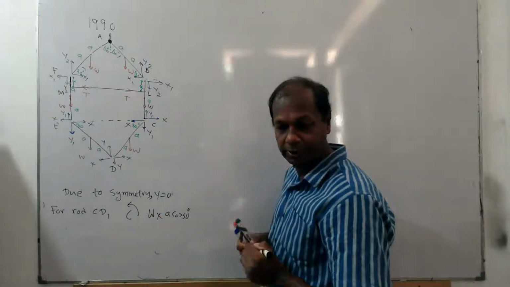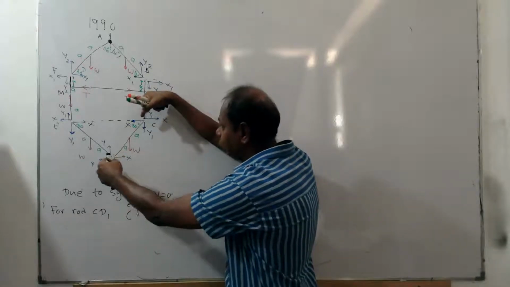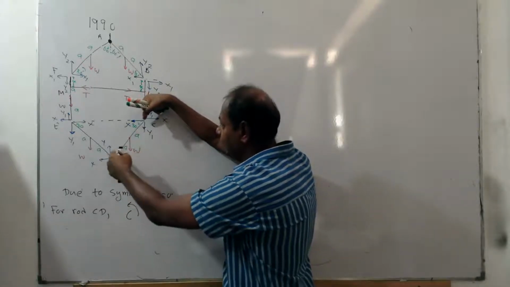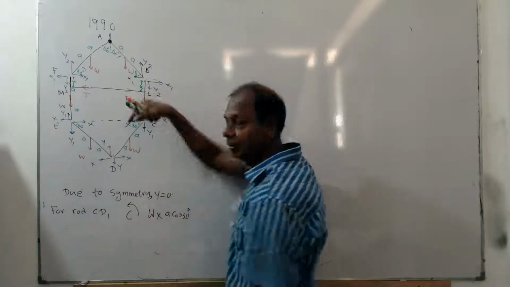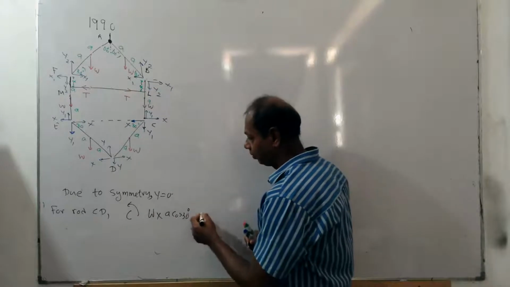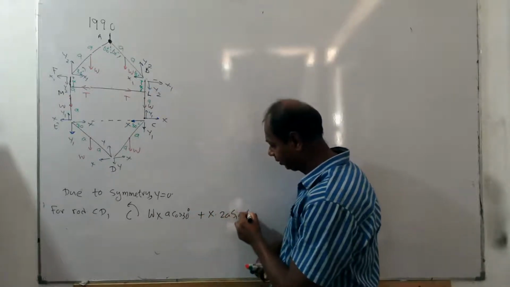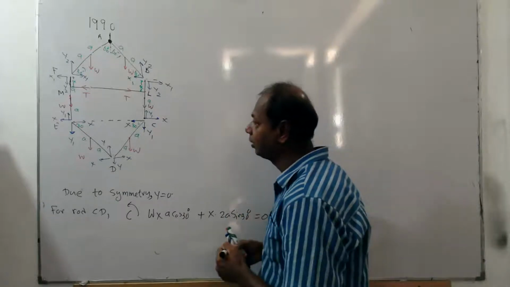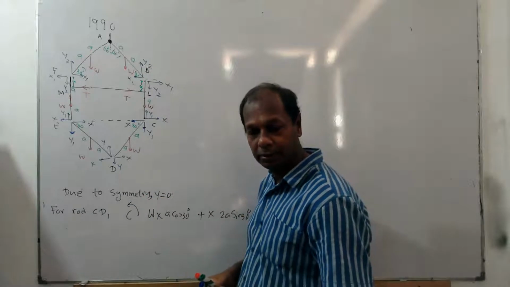This one in the same direction, capital X into that distance is this 2A sin 30. Plus capital X into 2A sin 30 equals 0. There is no other force because y is 0, right? It will not involve y is 0.